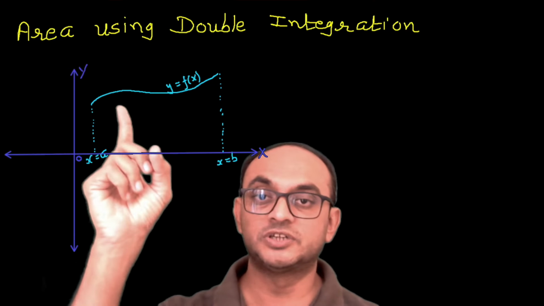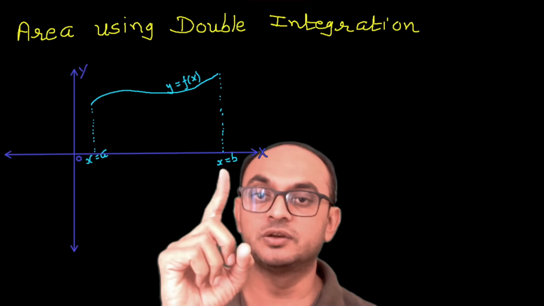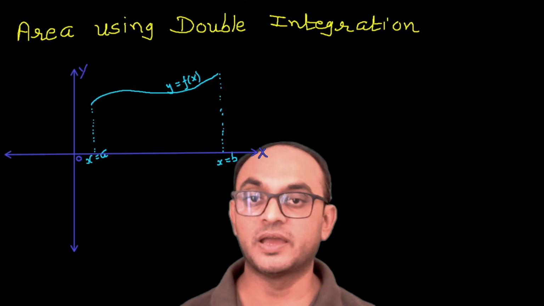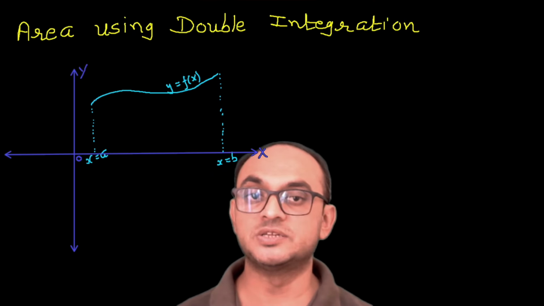Suppose we are given the function y is equal to f of x, which is bounded by x is equal to a to x is equal to b. Then I want to find the area of this particular region.